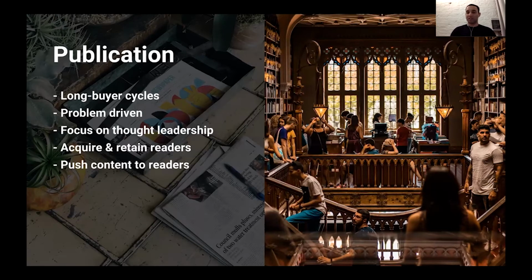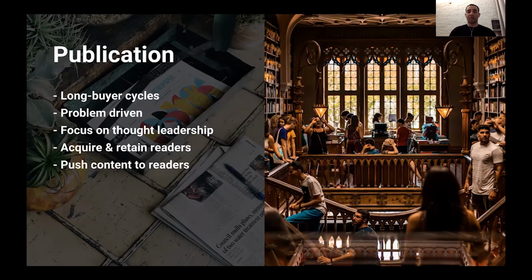So you can really position yourself as a thought leader within the space you're operating, but you immediately start bringing in mechanic problems or challenges that you have as a SaaS business itself. So firstly, you need to acquire new readers, but then you also need to retain those existing readers. So it, in a way, becomes its own mini SaaS business model.